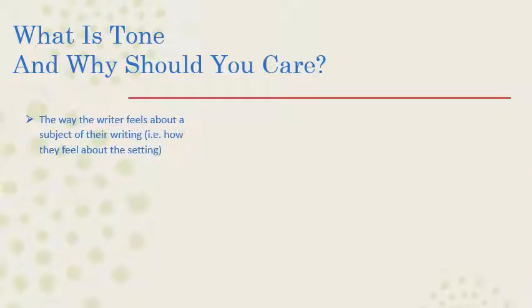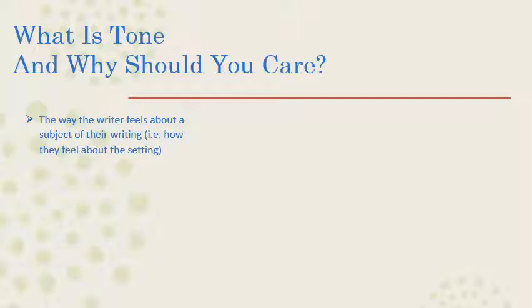So what is tone? Tone is the way the writer feels about a subject of their writing. So that could be how the writer feels about a setting, or how the writer feels about a character, or how the writer feels about an idea in their writing. But it's really important that you understand that it's not the way that the reader feels, it's the way that the writer feels.